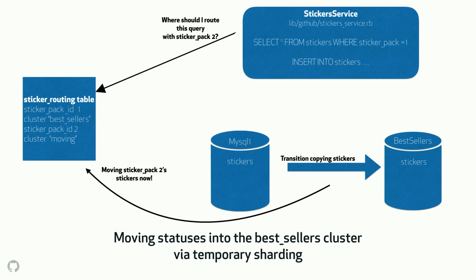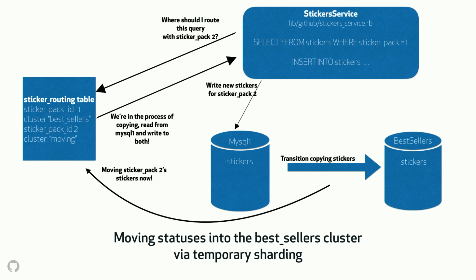So when that query comes in, it says, where should I route this query for sticker pack 2? The routing logic will say, we're in the process of copying, read from MySQL 1 and write to both. And remember that there's no updates, right? So we don't need to worry about updating that data. So we're going to write to both places, but we're going to read from MySQL 1 because potentially not all the stickers are in the bestsellers cluster yet.